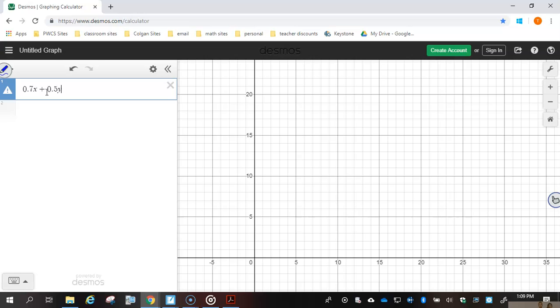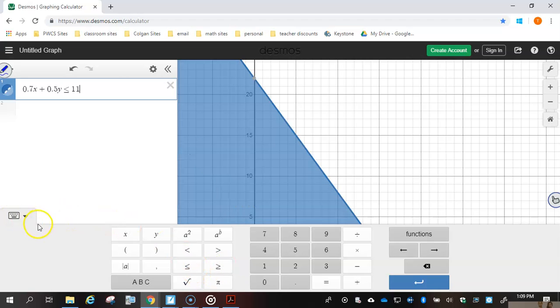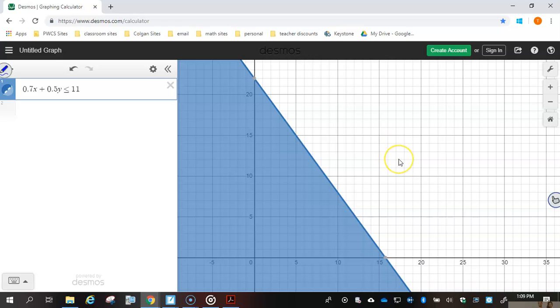When you graph this, you need to remember which variable was which. In this case, our x was s, our y was l.